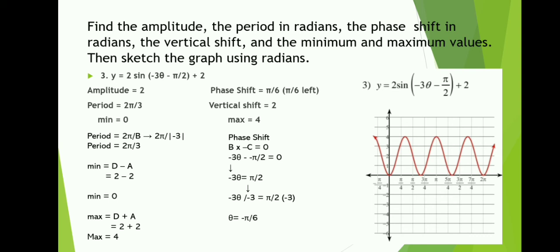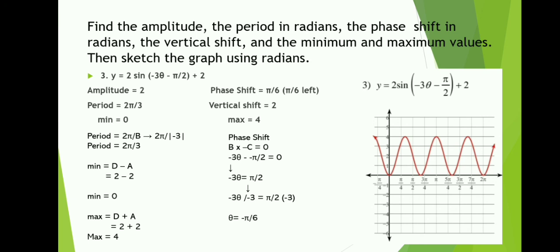Atong walaon ang 3 sa theta, so ato i-divide ang 3 theta, so 3 theta over 3, and multiply the pi over 2 by 3. So mahimo siyang theta equals pi over 6. So, ang phase shift is theta equals negative pi over 6.